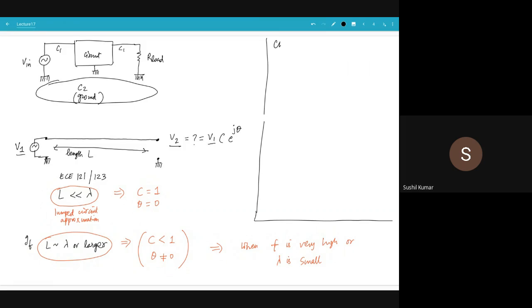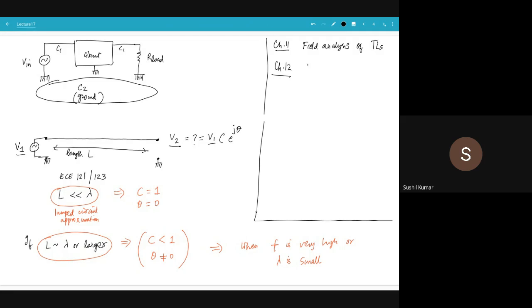So chapter 11 is field analysis of transmission lines. There's a bit of math, too much math here, which we can spend a whole lot of time on, and it does not bring out the intuitive understanding. So I am going to do only chapter 11 with bare minimum math just to understand.